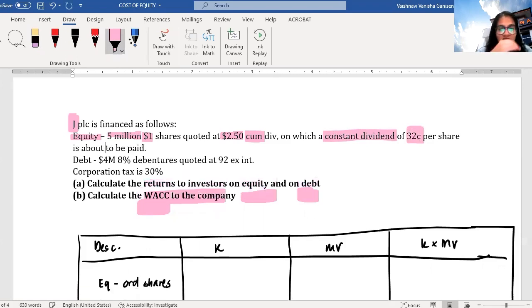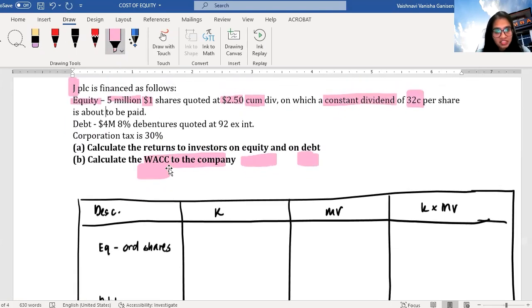Okay, that means here, come diff, constant dividend about to be paid 32 cents. All right, let's label the information. This is nominal value. This is total number. This is market value.